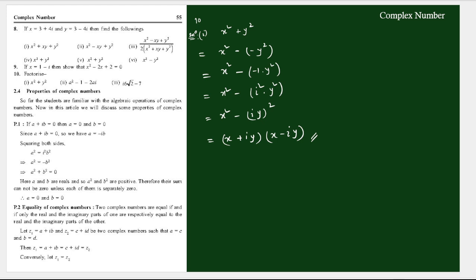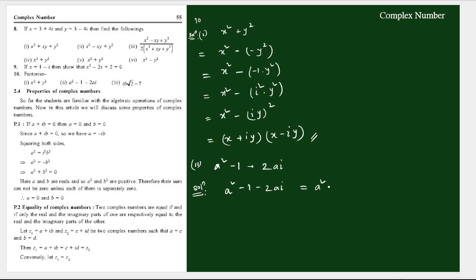ठीक है, चलो अभी नंबर 2 क्या है. नंबर 2, a square minus 1 minus 2ai. So a square minus 1 minus 2ai, ये क्या है? इसको minus 1 है, this minus 1 we can make it into I, right?